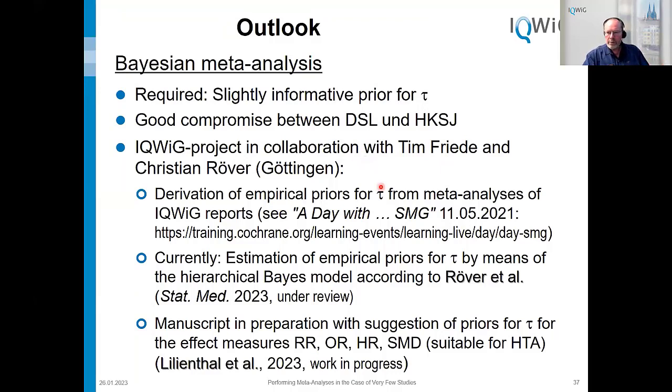There are suggestions for prior distributions for tau in the literature, but we wanted to know what is the correct prior information for applications in health technology assessments. So we started a project and derived empirical priors for tau from our own meta-analyses. You can get some more information about this in these slides.